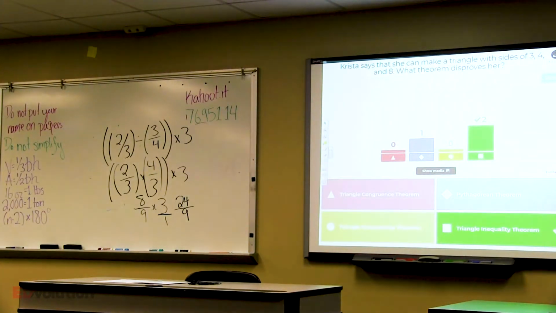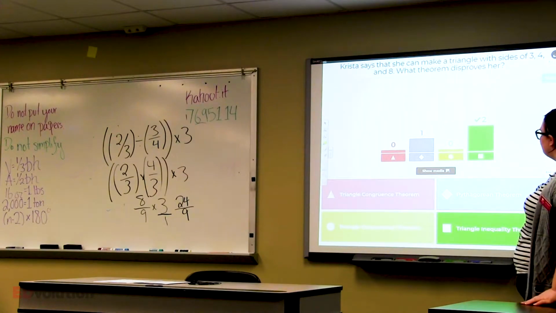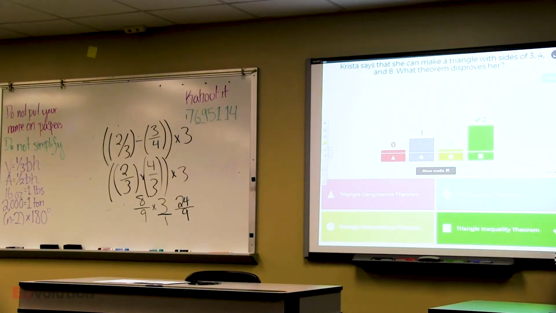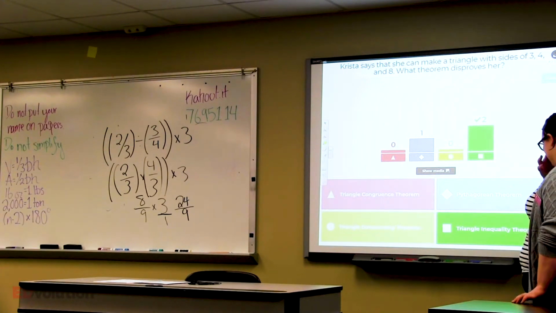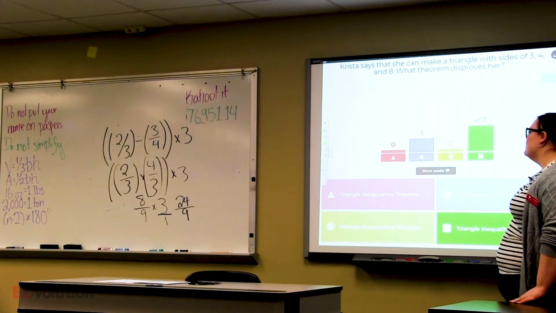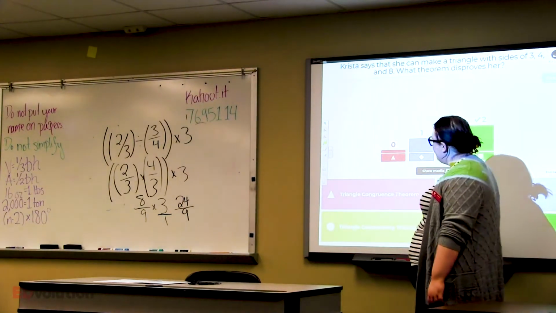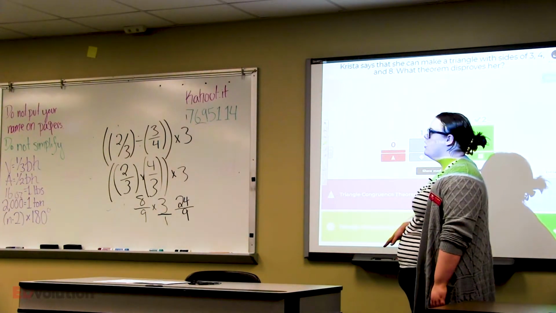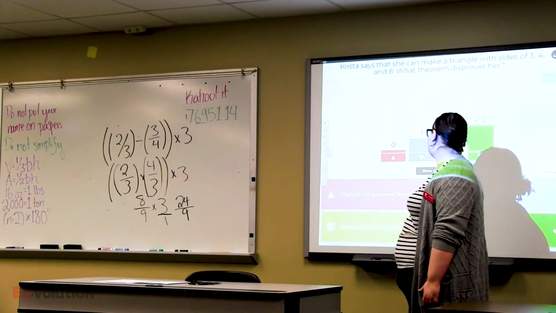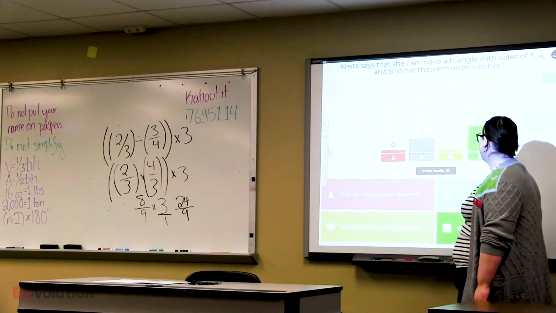Alright, so our Pythagorean theorem only works on right triangles. That's the one that says a squared plus b squared equals c squared. It's if you know 2 legs or the hypotenuse to find the lengths of the sides. The triangle congruence theorem and concurrency theorem are not actually a real thing. They were thrown in there to throw you off.